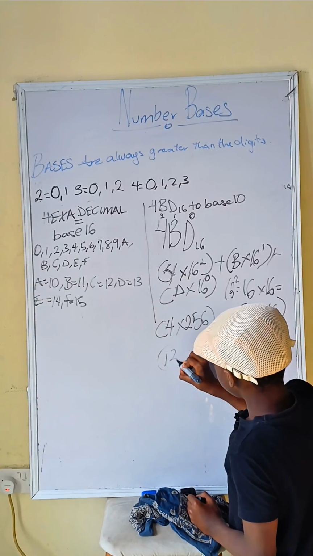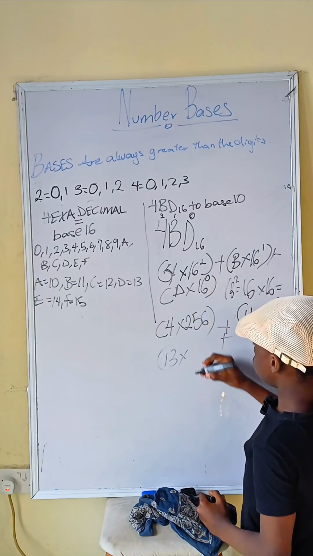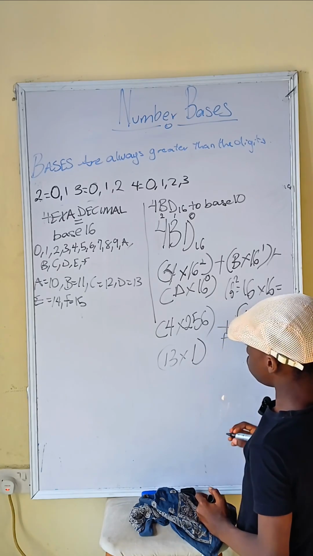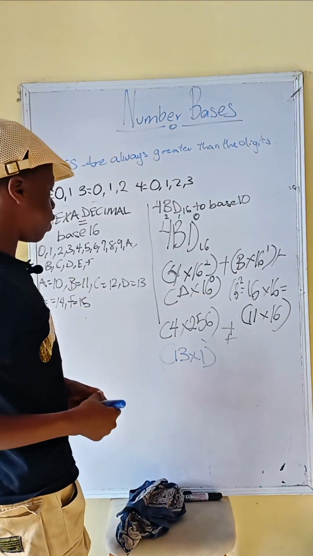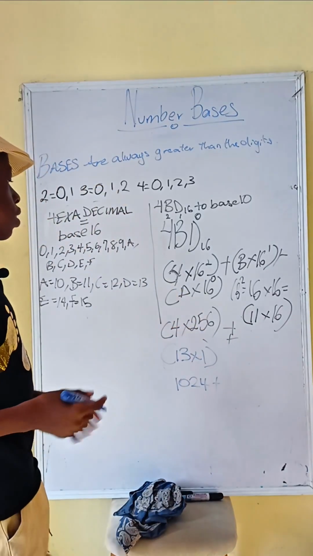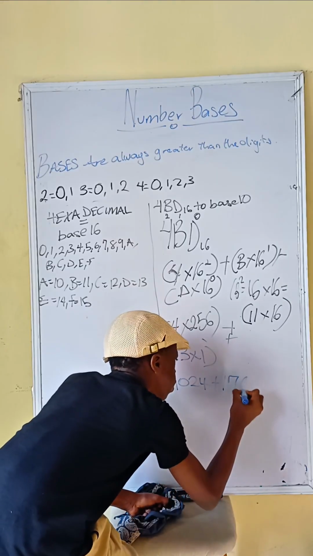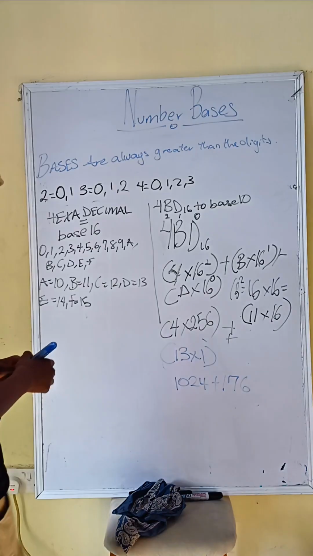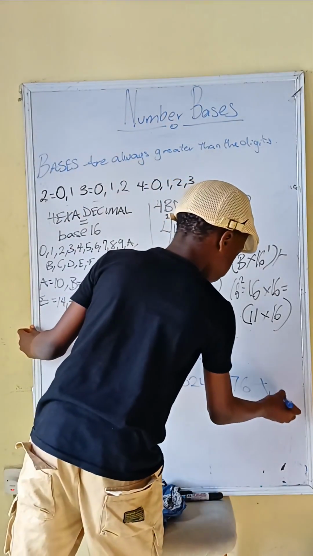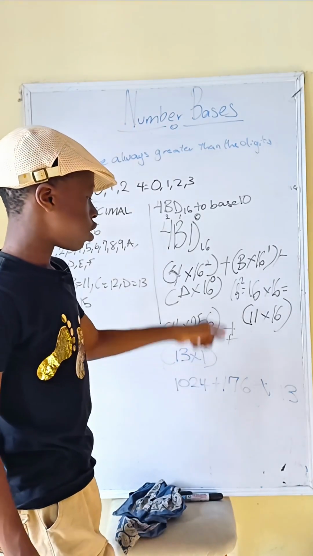So 13 times 16 raised to the power of 0 is the same thing as 1. So we write it down. 4 times 256 is 1024. Plus 11 times 16 is 176. So plus 13 times 1 is 13. So we add all of this. 1024 plus 176 plus 13.